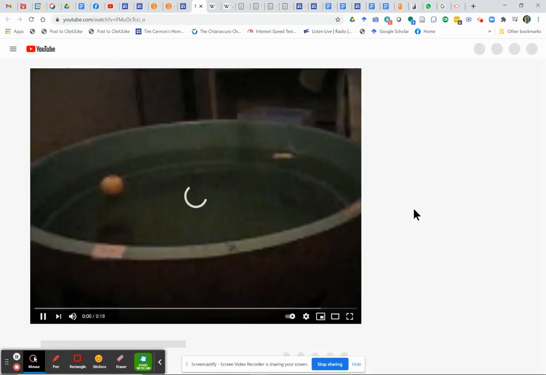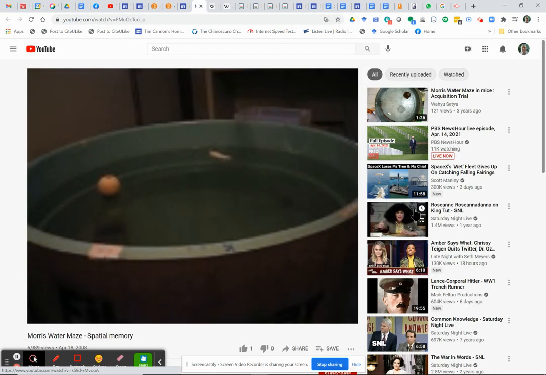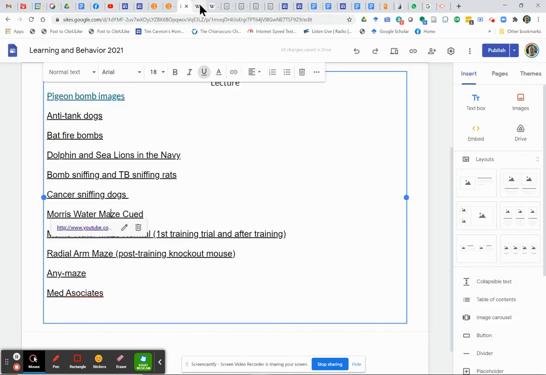So here's a rat trying to solve one where there's a cue. They just have to go to the target, climb up on it, and everything is hunky-dory. I've never run one of them, but one of your peers, the one who worked with Michael Fanselow, did.